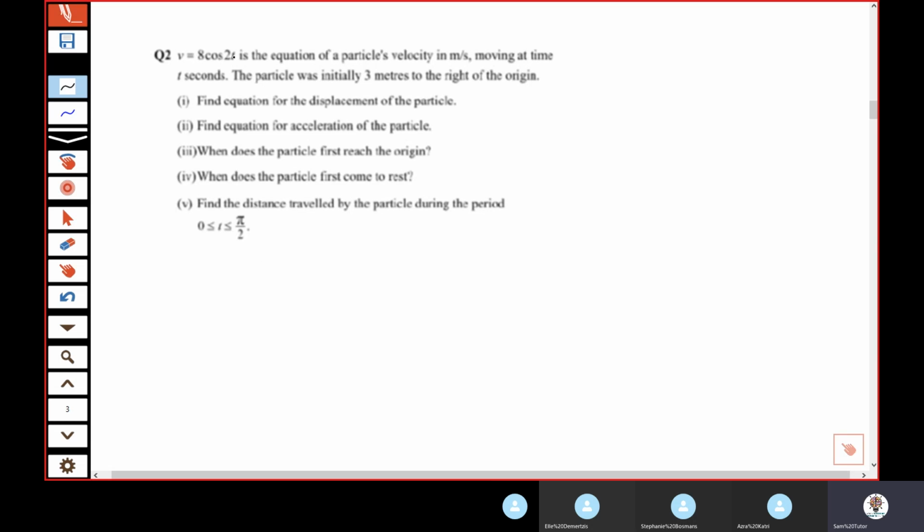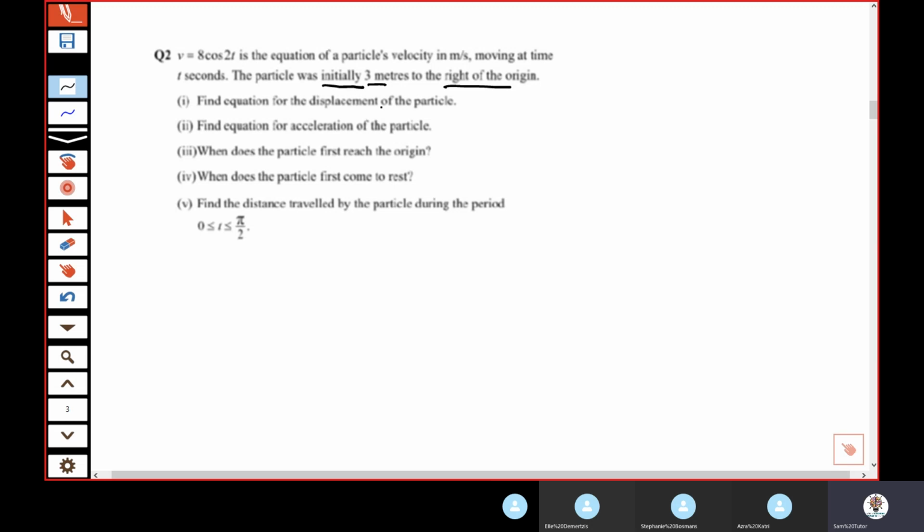So v equals 8 cos 2t is the equation of the particle's velocity in meters per second. The particle was initially 3 meters to the right of the origin. It's a very important point here. If I said initially 3 meters to the left of the origin, that means x equals -3. You've got to keep that in mind.